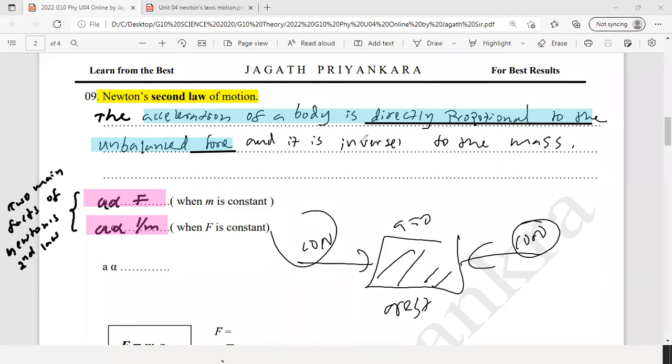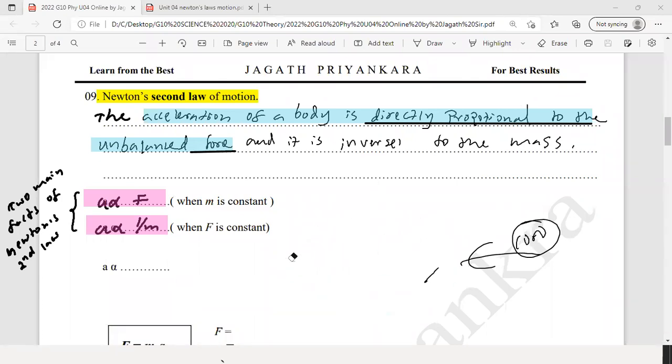But when you change the mass, force should be constant. Otherwise, for example, imagine you run first without keeping anyone on your back. Then the second time you run with someone on your back, you can't run fast. Acceleration will be less. The best example is any vehicle that accelerates.